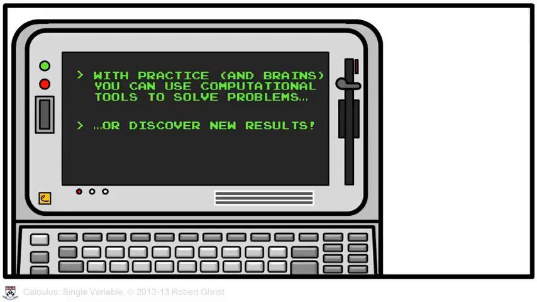In fact, you may discover new results or theorems. Computation has always pointed the way to new truths and new ideas, and there is so much left to be done in mathematics. With these tools in hand, you, too, might make a contribution. I encourage you to play with these tools.